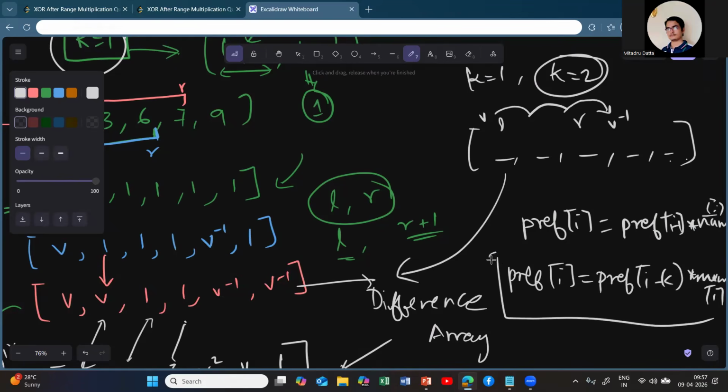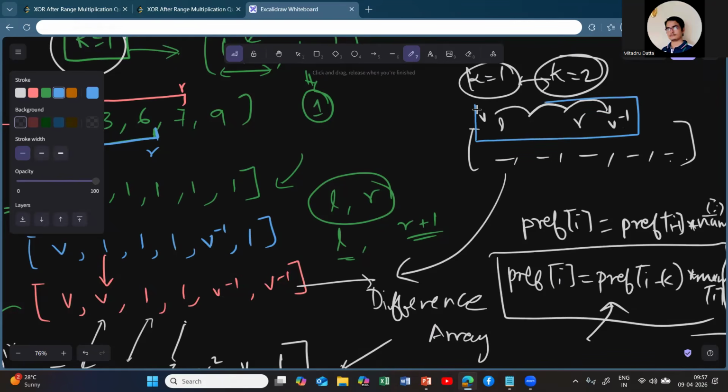So your prefix calculation will also change. For k equals to 1 to k equals to 2, these are the changes in your prefix calculation, and this particular change is the change in your multiplication of v and v inverse.